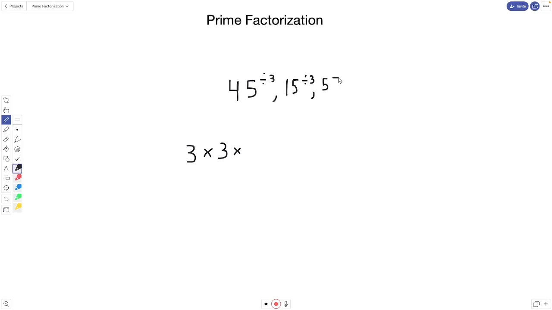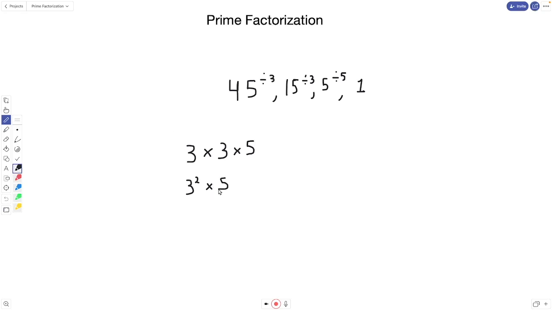Again, it's 5. So let's divide 5 by 5. That's going to give us 1. Our question is finished. We got to 1 by dividing by the lowest number consistently. 3, 3, 5. So we got to write 3 times 5. And you can also express it, with exponents, as 3 to the power of 2 times 5.